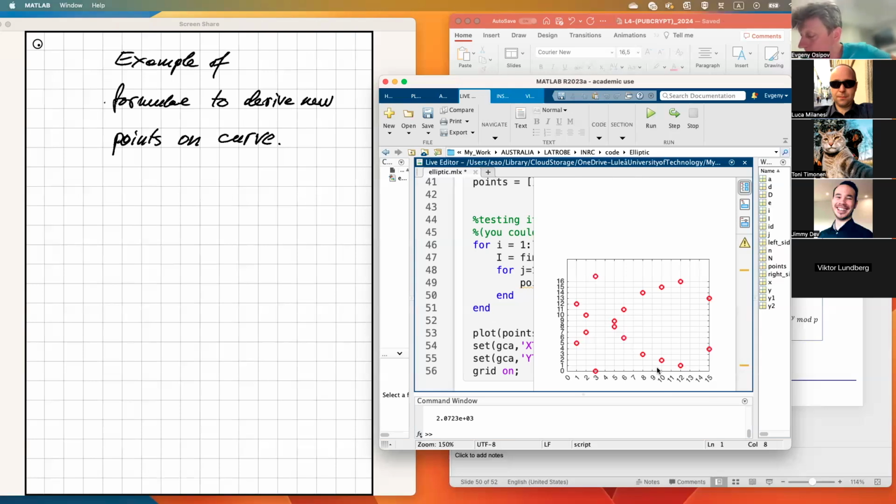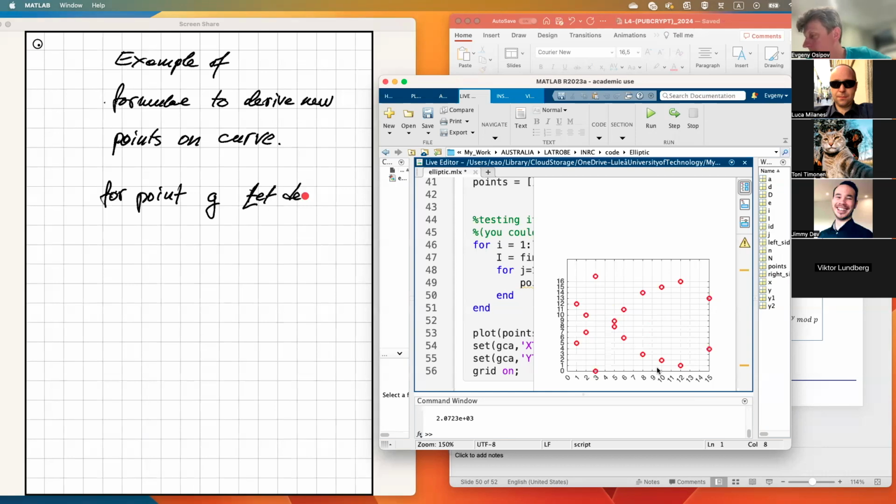So, for example, let's use a small letter g for a point.